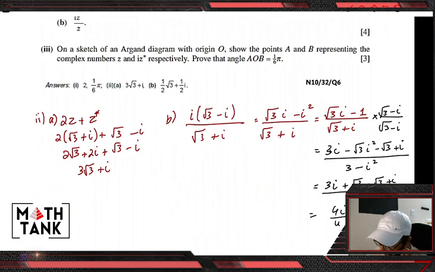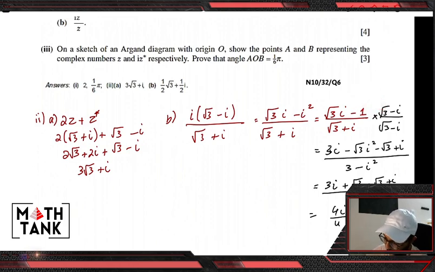I root 3 minus i squared, i root 3 into root 3 gives me 3i, and that gives me minus root 3 and i squared. Oh, my bad.